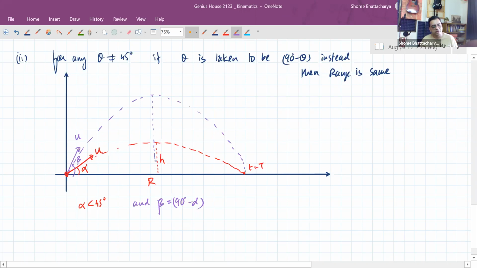It would therefore take more time to reach the ground, but it would have the same range. Let's understand this with an example. Suppose our speed of projection is 50 meters per second, alpha is, let's say, 37 degrees, and g is 10 meters per second square.